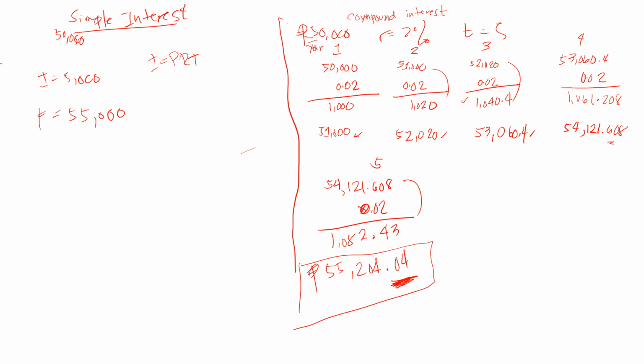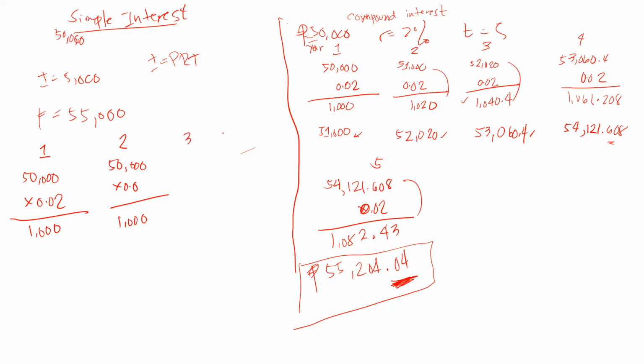Sa simple interest, okay, year 1 nga kita, year 1. Ang pag-compute digde, 50,000 times the 0.02. That is 1,000. For the second year, the same ang gagamitin mo. So, principal amount times 0.02. Perming principal amount ang gagamit digdi.